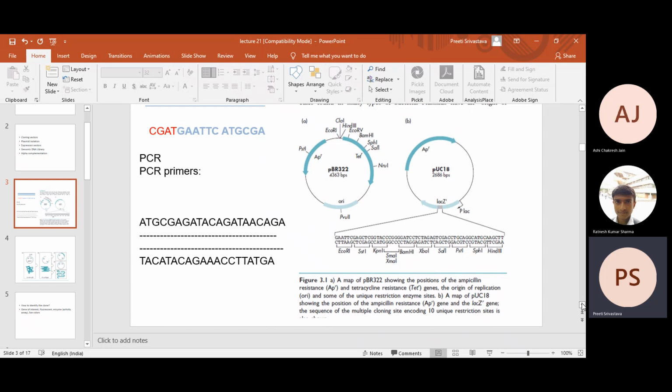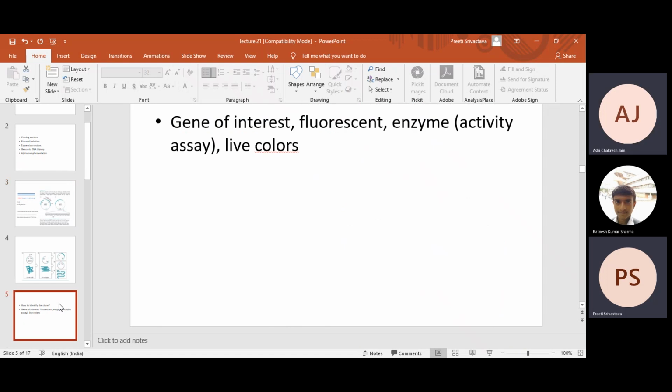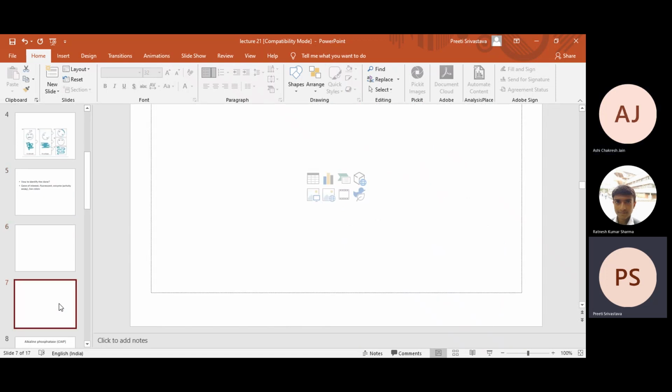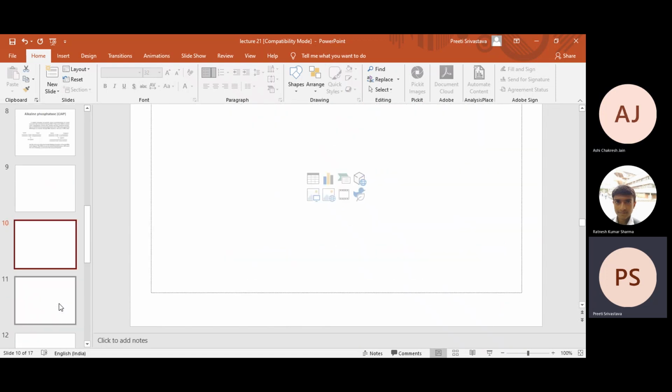In pUC18 or pUC19, the multiple cloning site is located in the gene which is internal to lacZ, right? Yes, ma'am. Okay, so this requires a little more attention.